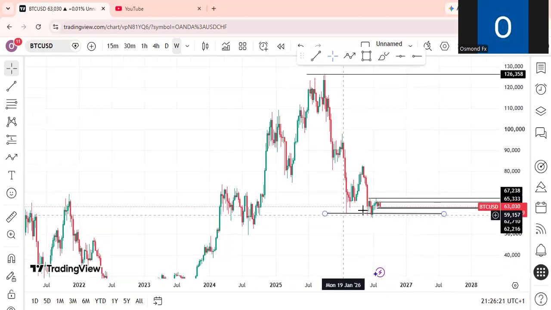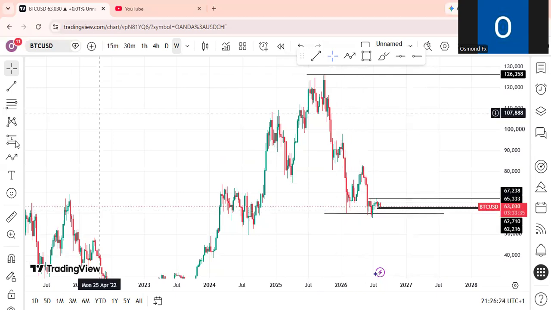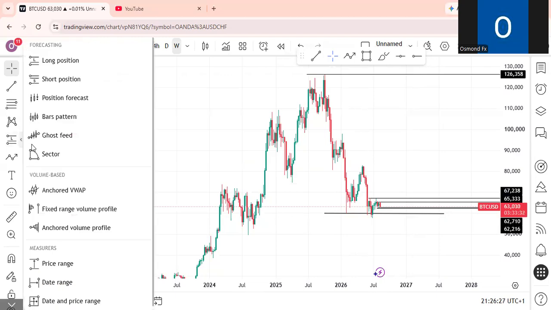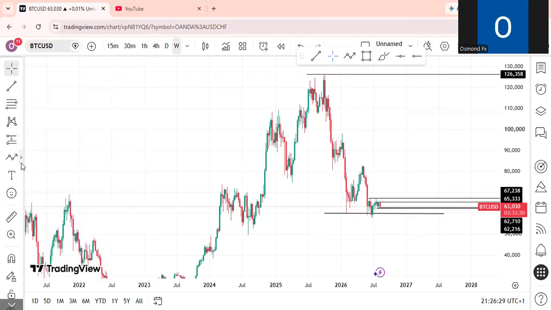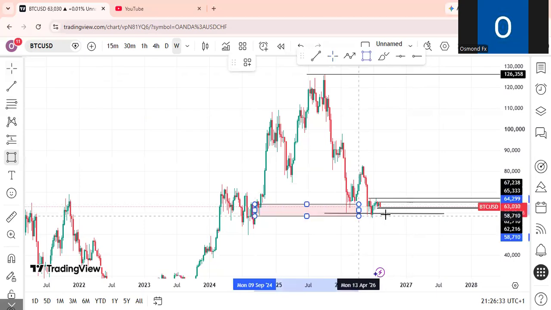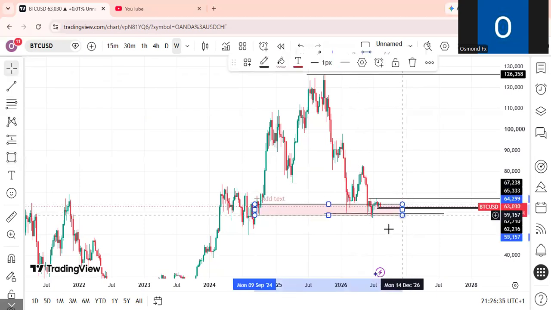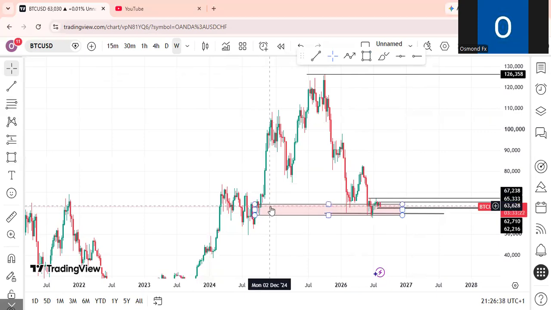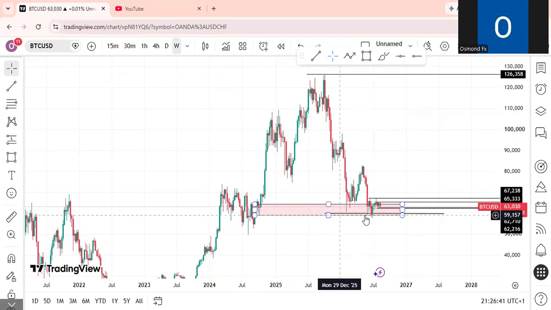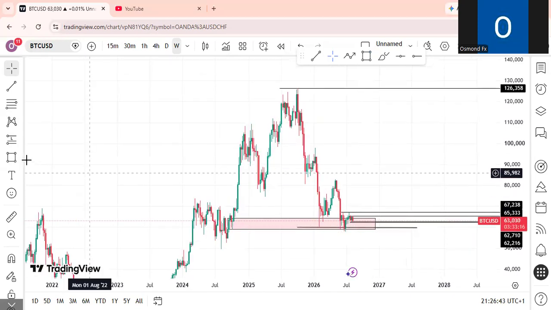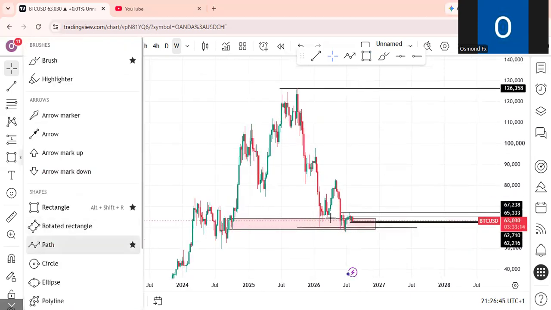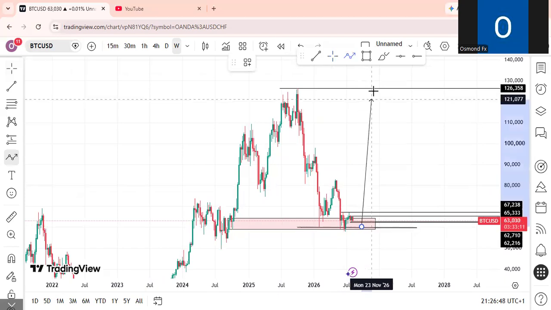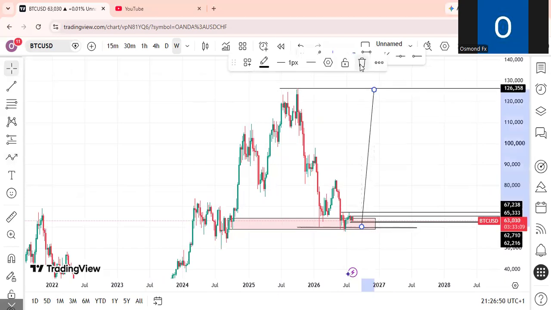We can see that this buy that is happening around this area is caused by a demand zone. There's a weekly demand zone here, and you can see that the market has already tapped on that demand zone. The market is reacting on it.